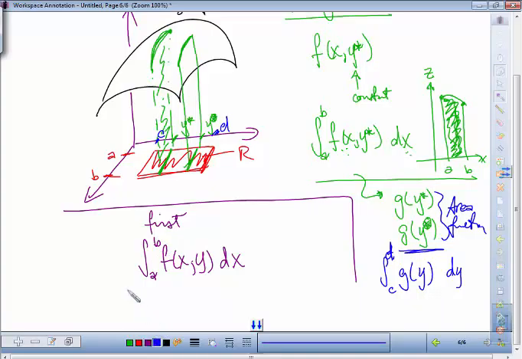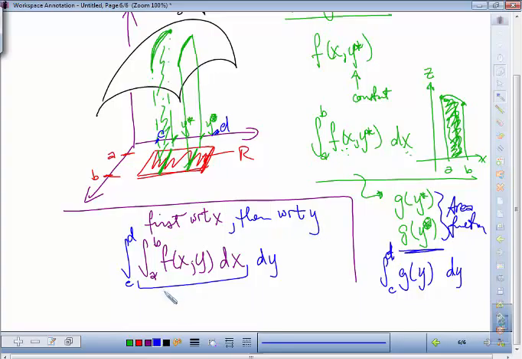Then we took the integral of whatever result we got there. We called that result g, but without calling it g, let's just leave it as an integral here. Then we took the integral with respect to y from C to D. So first with respect to x, then with respect to y.